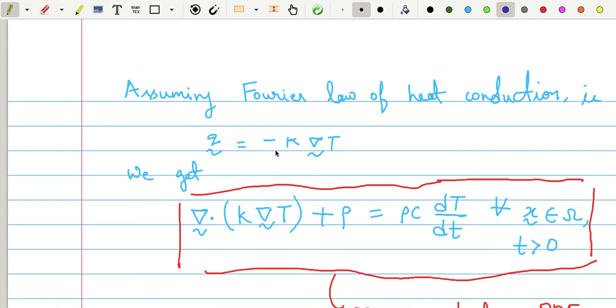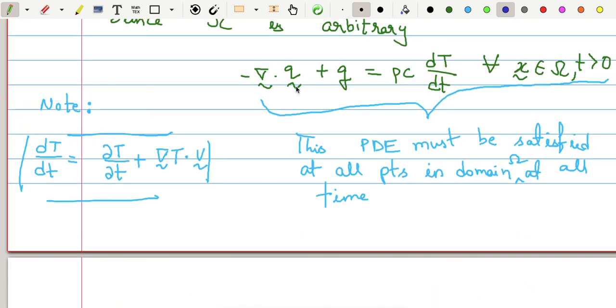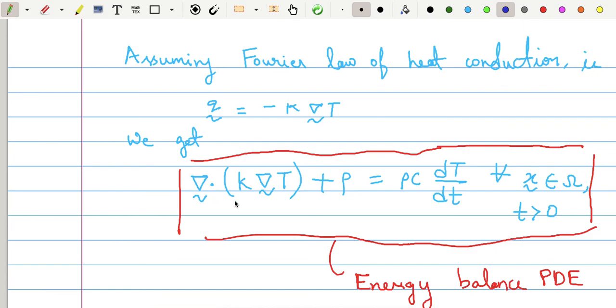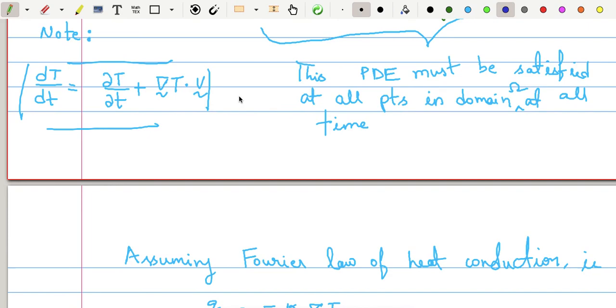So if you take this equation and plug it into the energy balance differential equation, what do you get? You finally get this particular energy balance PDE. So instead of Q, we put minus K gradient of temperature. There was already a minus sign before.